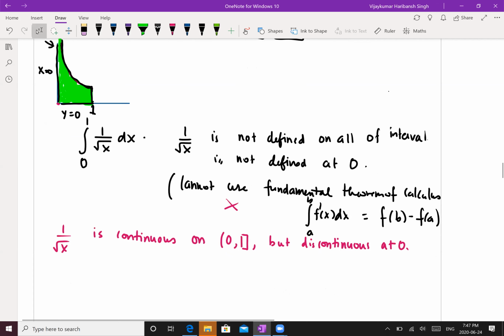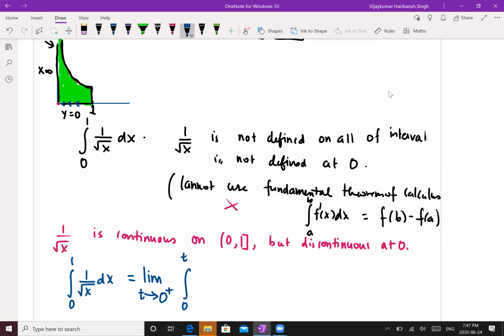So we'll define the integral from 0 to 1 of 1 by square root of x to be the limit as, since it's not continuous at 0, we'll go close to 0 from the right side. So t goes to 0 plus, integral from t to 1 of 1 by square root of x dx.